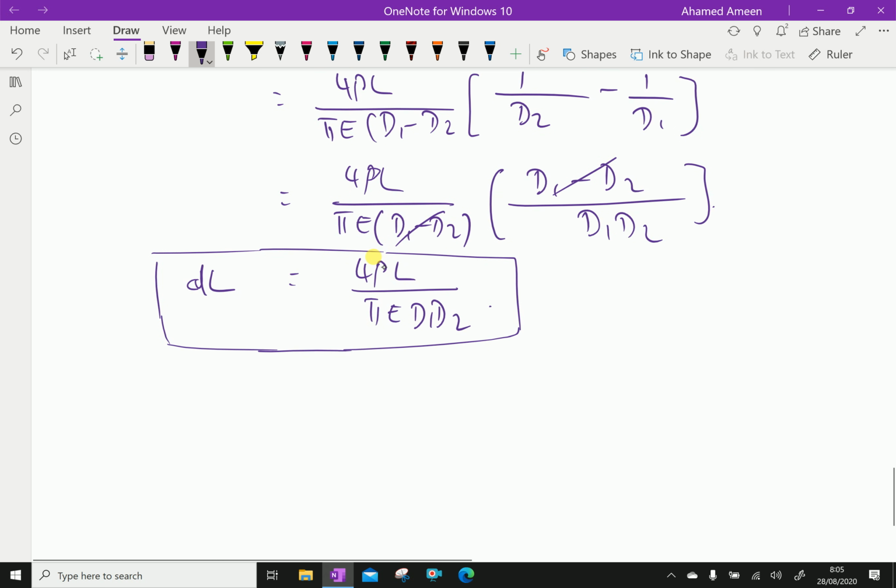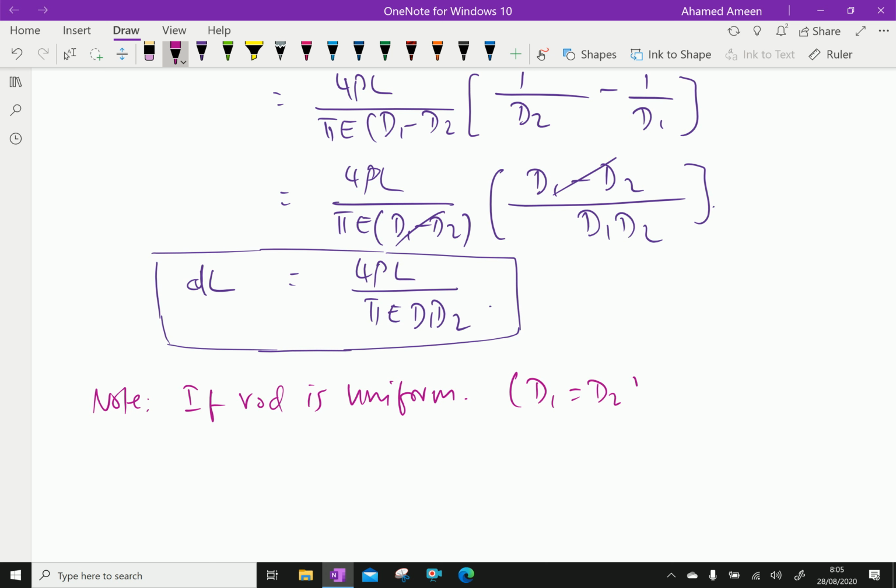Note here, if the rod is uniform, that is not tapering, that means D1 equals D2.